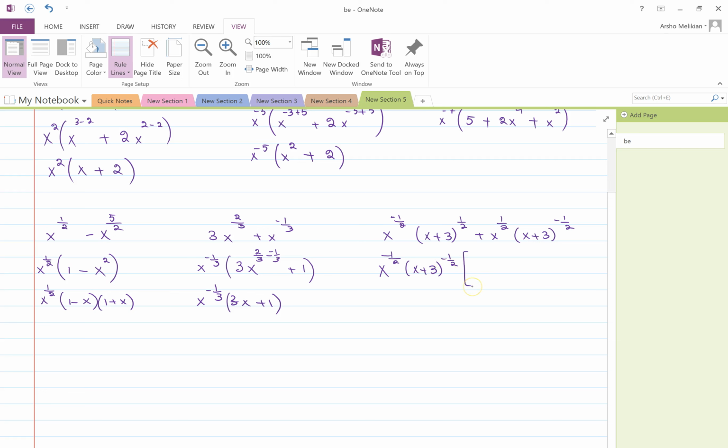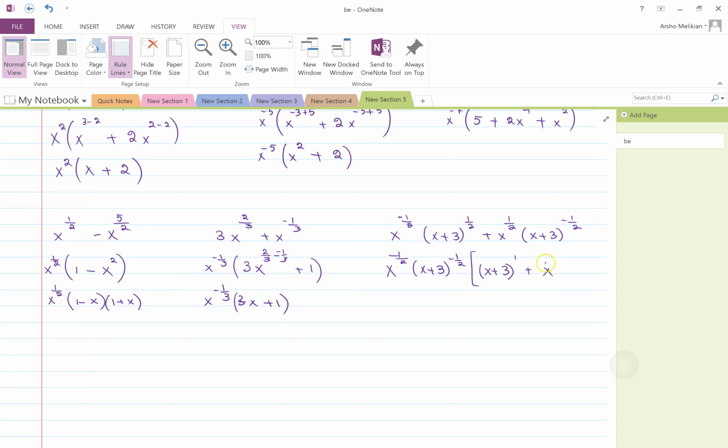So now, from in here, right, it's the x to the negative 1/2, we factored it out, so that's just the 1. But what about the x plus 3? It's going to be 1/2 minus negative 1/2, so to the power of 1, plus x to the power of 1/2 minus negative 1/2, so to the 1.